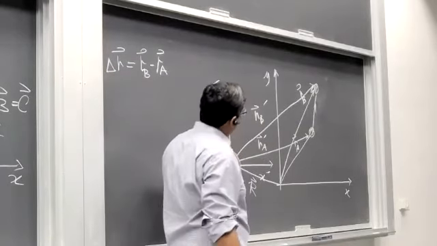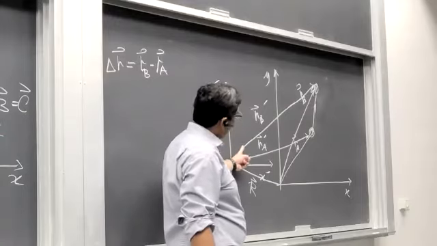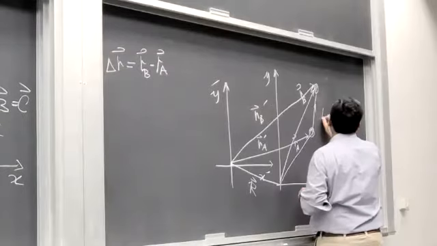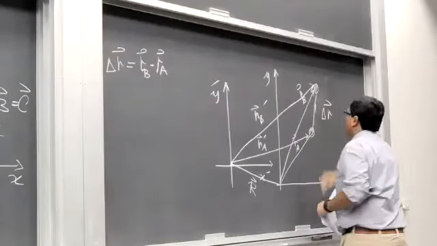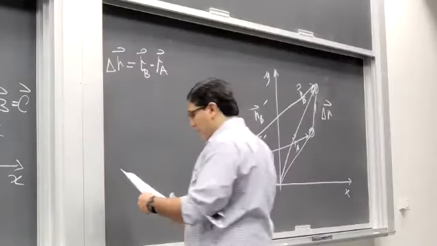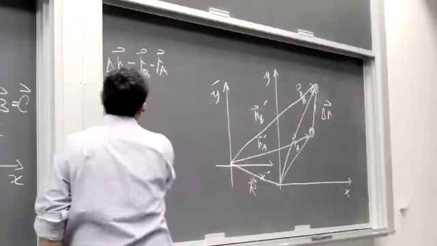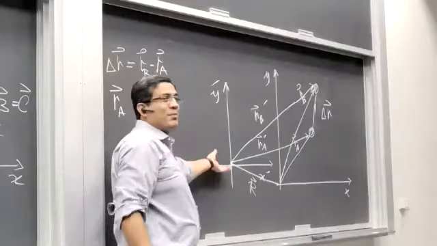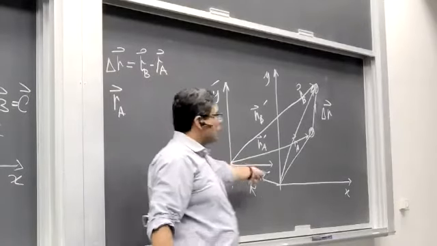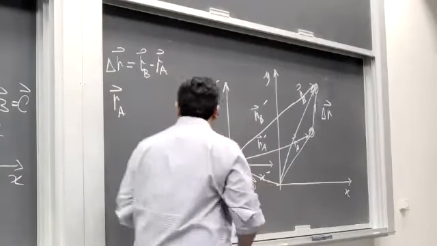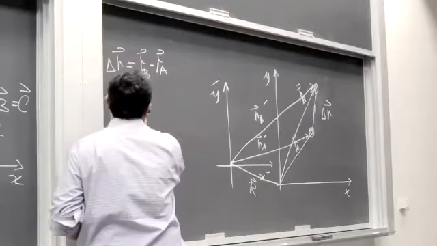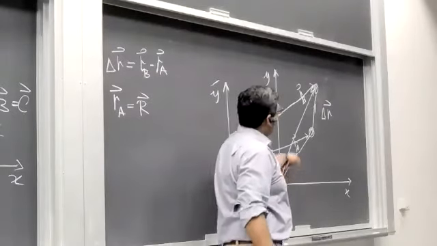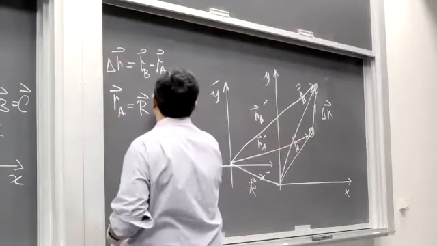Now from the figure, it's very clear that even from this coordinate system, when I take the difference of RA and RB, I'm going to get the same displacement delta R. But you can make it a bit rigorous if you like. First I start in my X prime, Y prime coordinate system and go to the origin of the first coordinate system by going along the position vector capital R. And then from the origin, you go to the position A, plus RA.